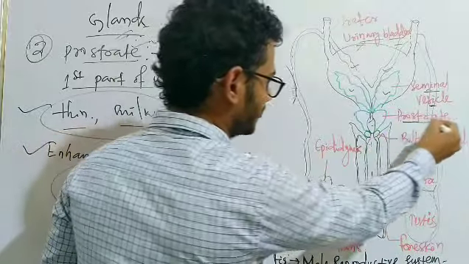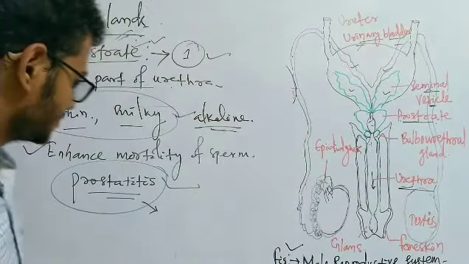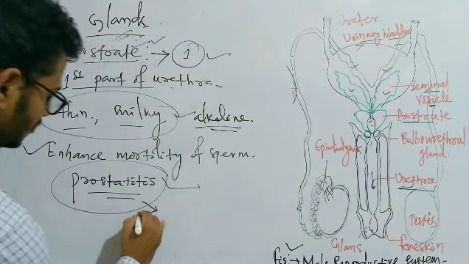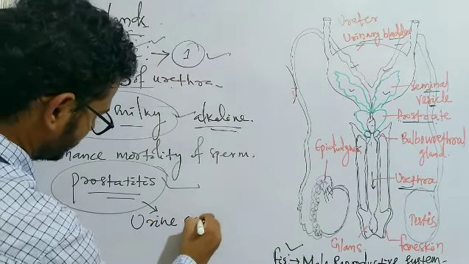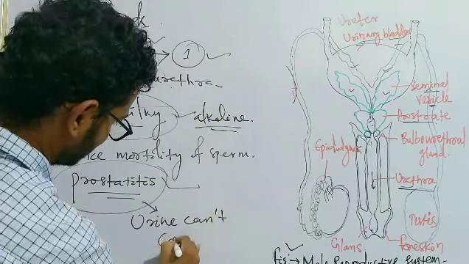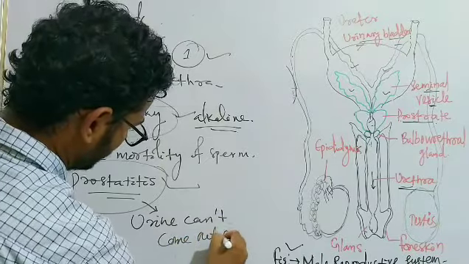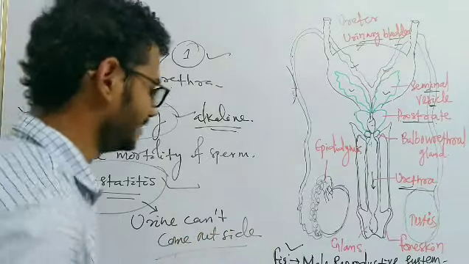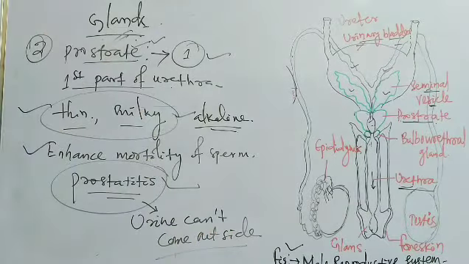So the enlargement of the prostate causes a serious problem during urination. Urine can't come outside, so difficulty in urinating occurs due to enlargement of the prostate gland.